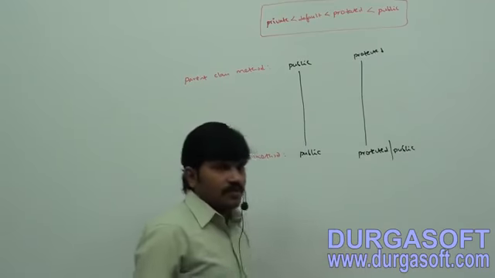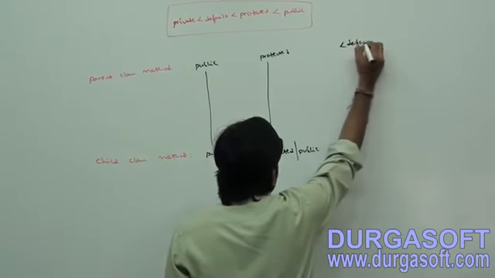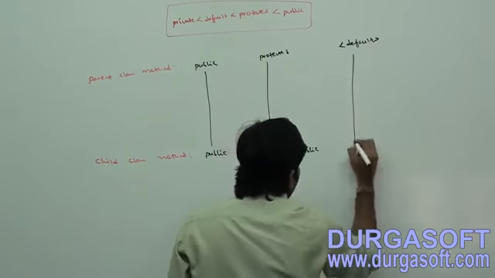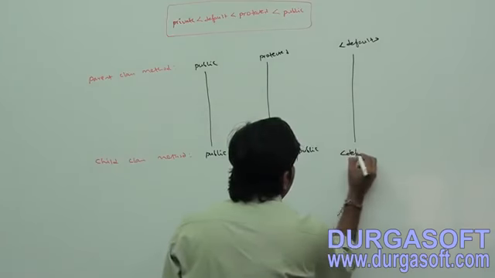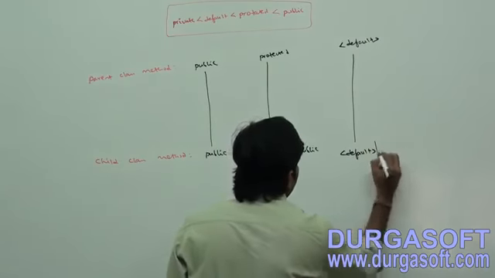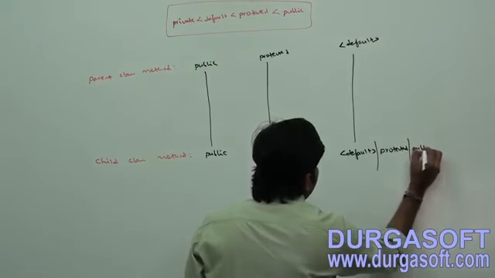If the parent class method is default, what about the child class method? Either default, protected, or public.